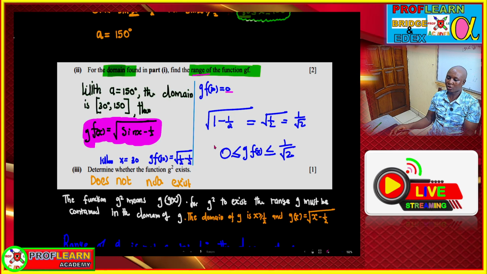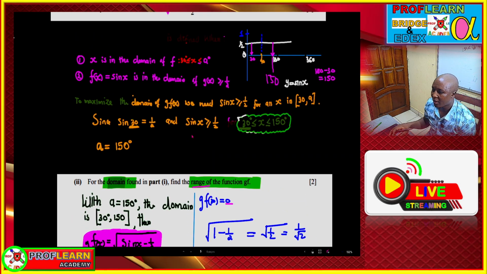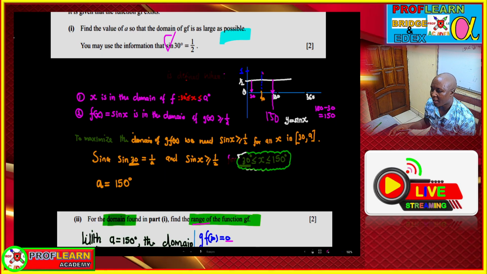So the range is going to start from 0 to some maximum value, and the maximum value of the sine function here is going to be 1, and that is going to happen around 90 degrees.